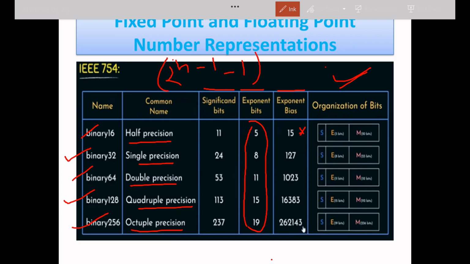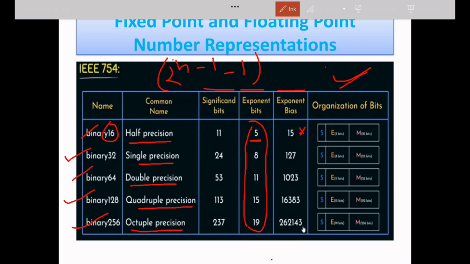How to remember? Now see here. Suppose the first number is 16. 16 means 2 की power 4. You know that. So 2 की power 4 minus 1. I am writing here. Suppose the exponent is 5.